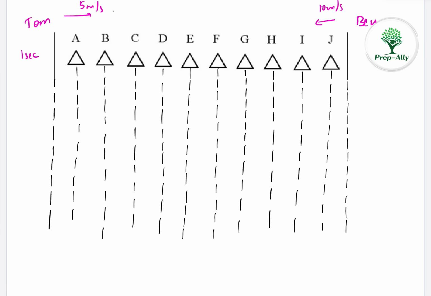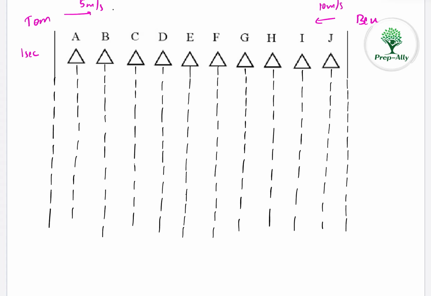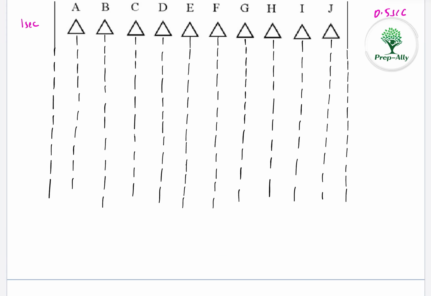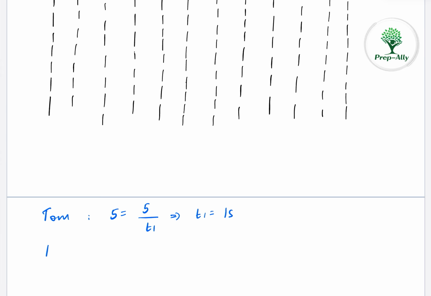Now we already know the separation of each cone is 5 meters. Then let us see how much time Tom will take to go from one cone to the next one. For Tom, his speed is 5 meters per second. Separation between the cones is 5 meters. He'll take a time of t1, which means t1 equals 1 second to go from one cone to the next cone.